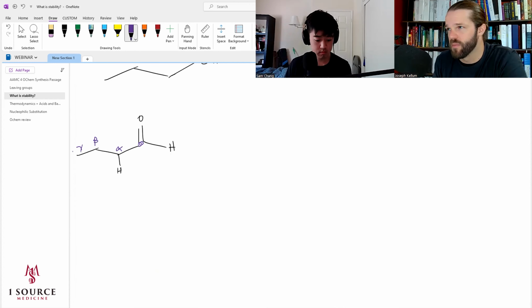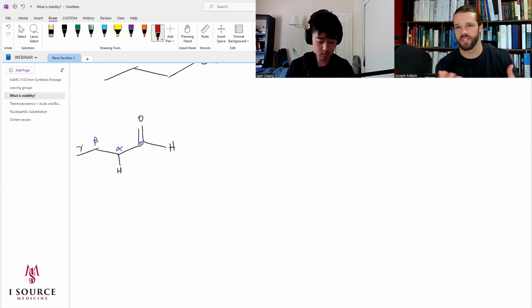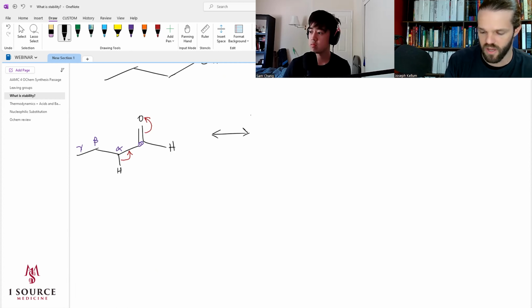The alpha carbon, as many of you may be aware, is more acidic than the rest of the carbons. The reason for that is because when the alpha carbon loses its proton, at that point you should form a carbanion, right? Which is why most carbons are not acidic at all. But the alpha carbon can be somewhat acidic just because whenever it does lose its proton, these electrons that we're holding onto it can jump down here to form a double bond between these two carbons, kicking the electrons in the carbonyl bond up onto the oxygen.